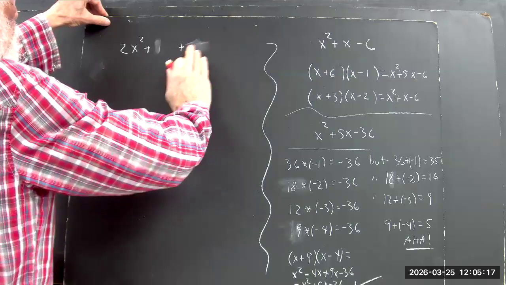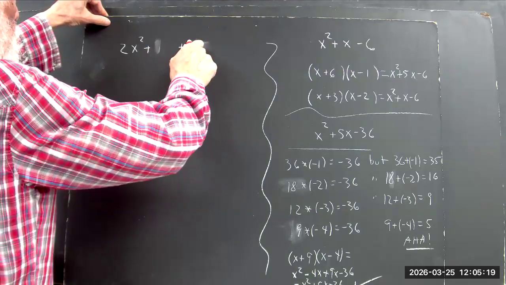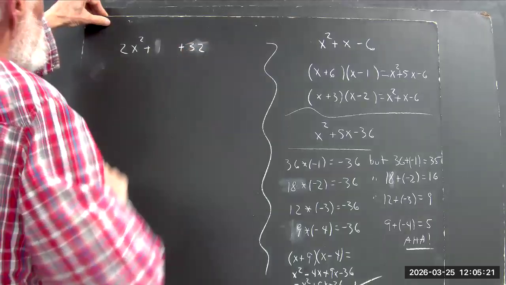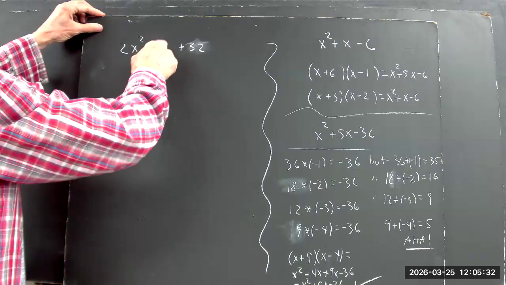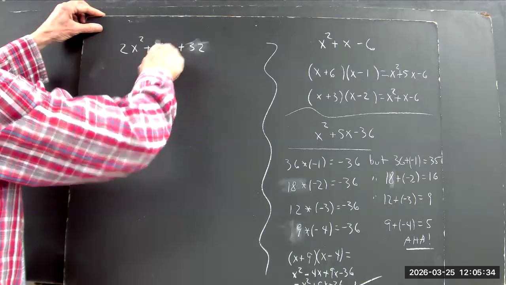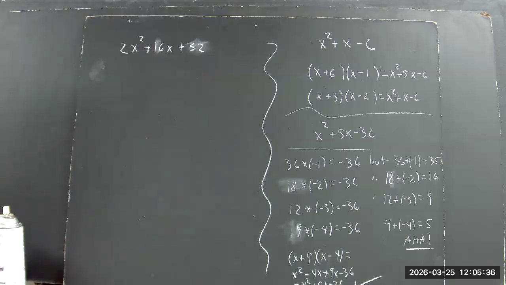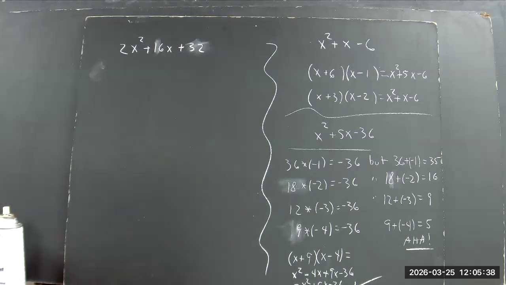No, there's only one way to break down 5. We'll go with 32. Okay. Now I know what I want to get, and I think it's going to be 16x. I don't guarantee this is going to work because I just made that up in my head, but it should work.